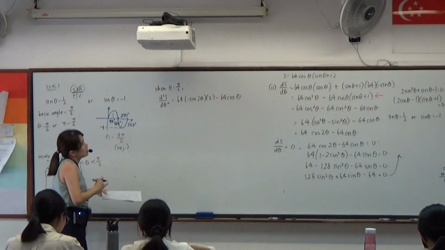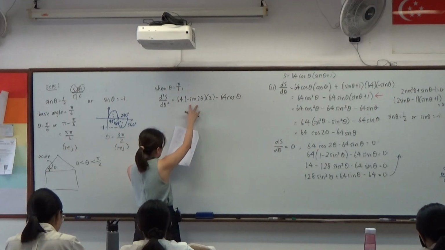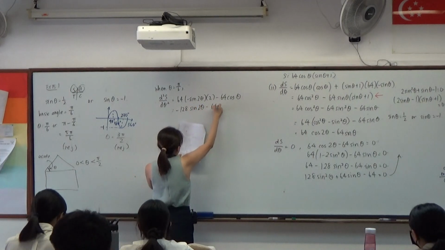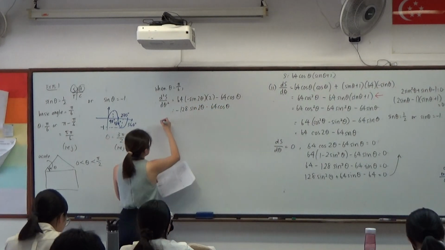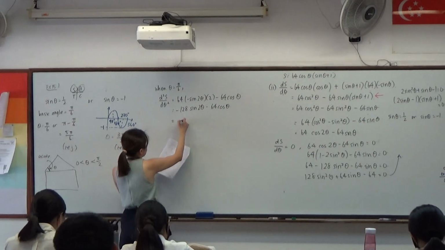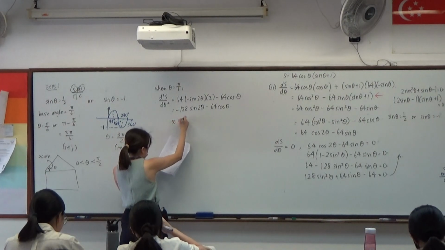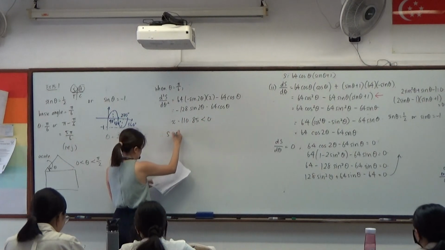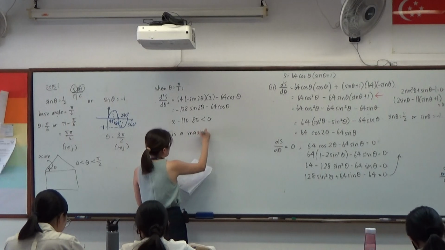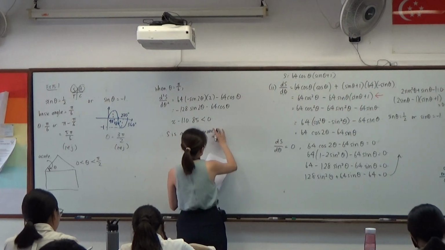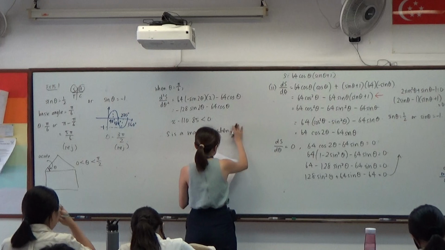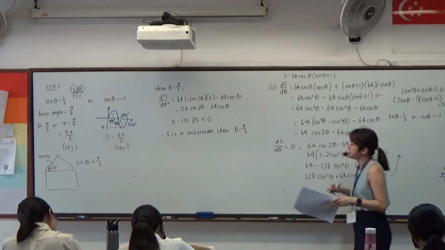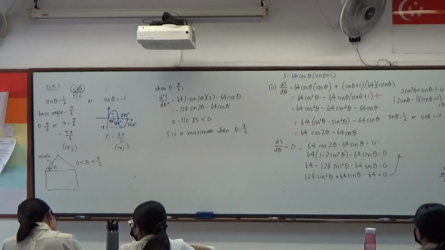Using your second derivative, you should get this one. And that will give us about negative 110.85. So it is a maximum when theta equals pi over 6.